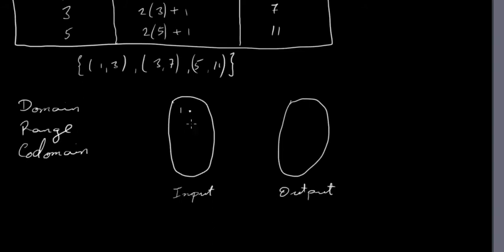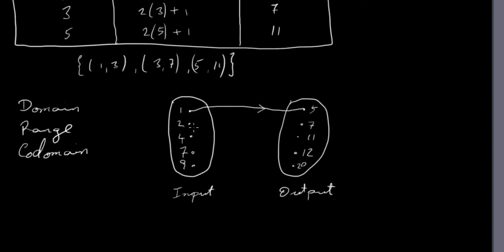Now, let's take some points here. Let's say 1, 2, 4, 7, 9. And let's take some numbers here: 5, 7, 11, 12, 20. And we're going to map, let's say, 1 onto 5.